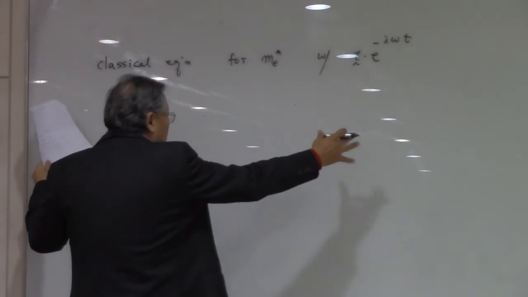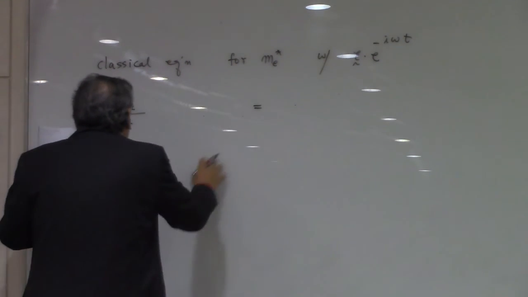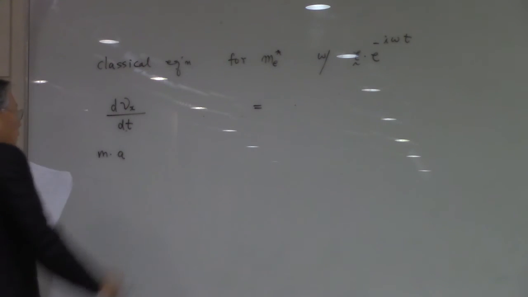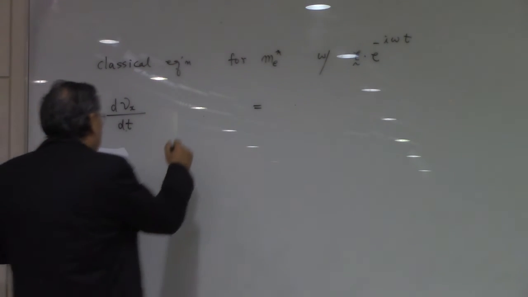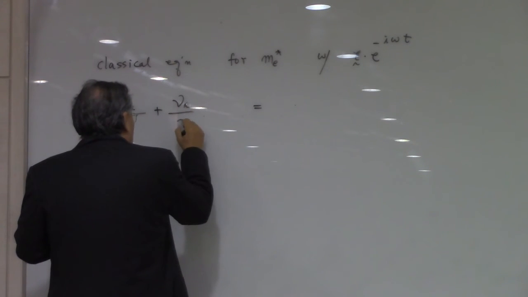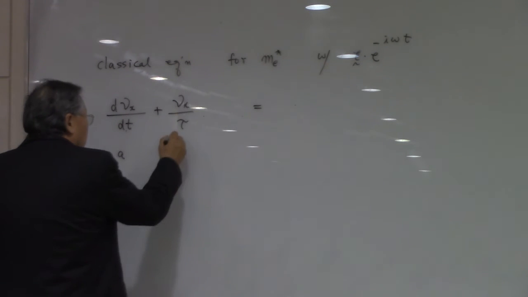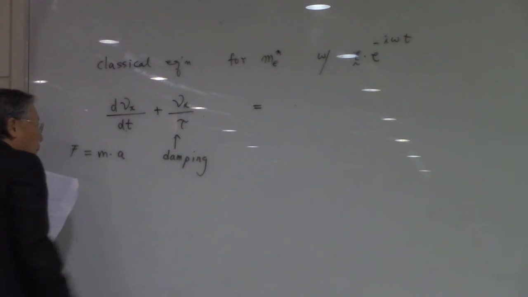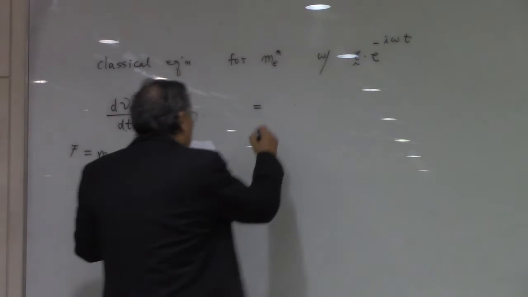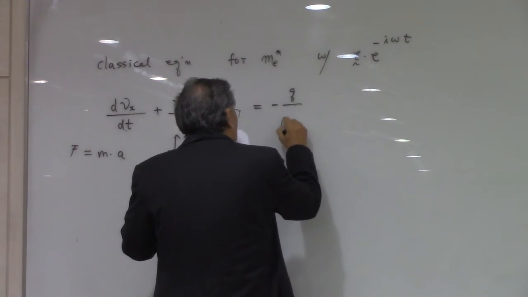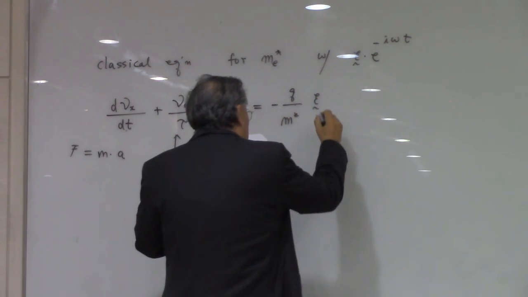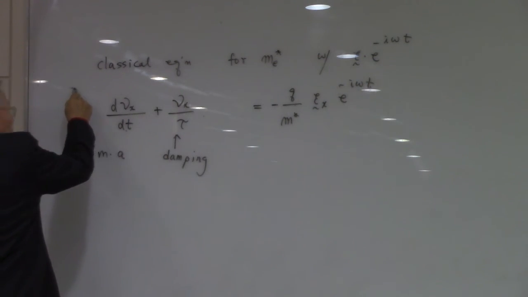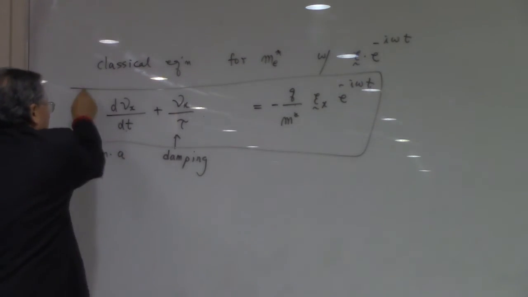We are going to balance the force equation, and you have to have a Newtonian m a on the left-hand side, and then the velocity with the tau, that is the damping. This is the damping. This is the force m a, okay, plus the damping factor. And that should be related to the electric field, E to the minus i omega t. That is a force balance equation, actually. This is a force balance equation, right?